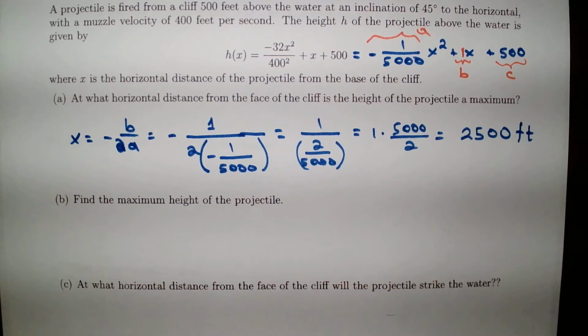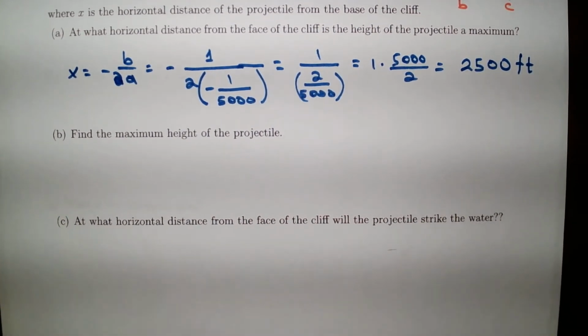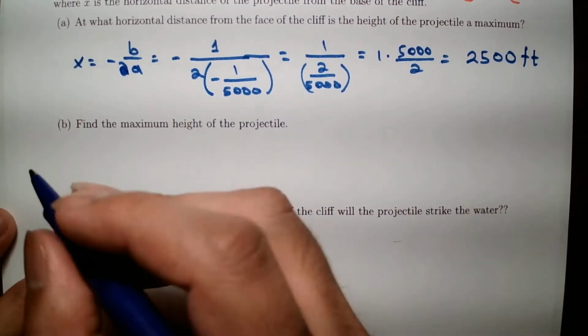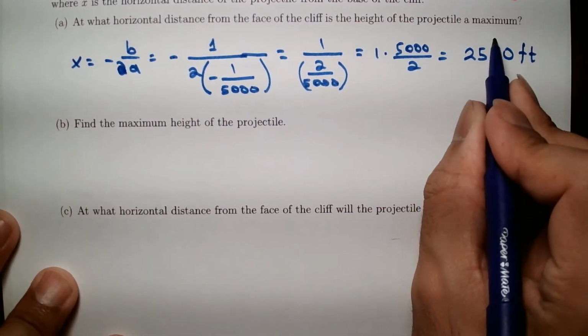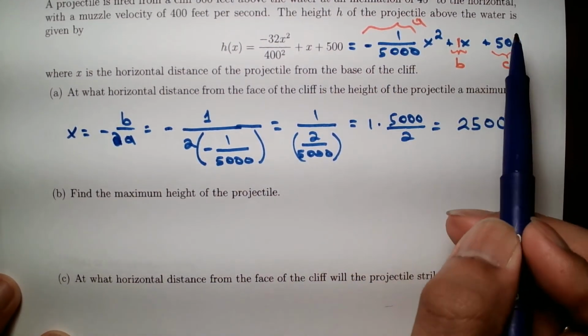Now, part B, find the maximum height of the projectile. How do we find the maximum? We do that by plugging this value, 2,500, back into the original function here.